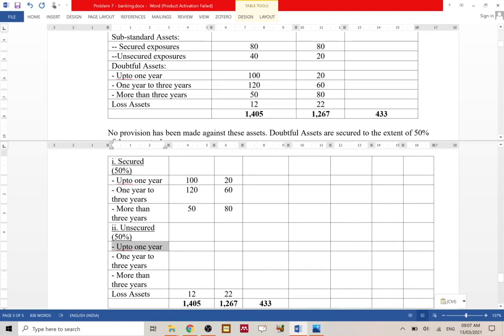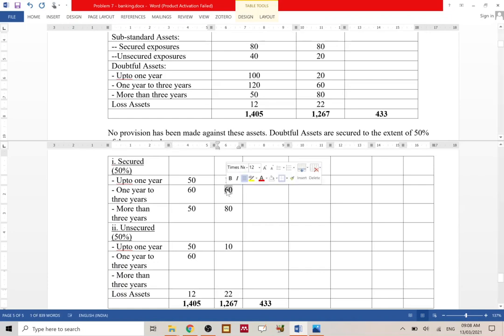So how to bifurcate, how to divide them? This total is 100, right? So out of the 100, 50 is in the secured category, 50 is in the unsecured category up to 1 year. Same way, out of 20, 10 is in the secured category, 10 is unsecured, 50-50%, right? Same way here, if it is 120, then divided by 2, 60, 60.